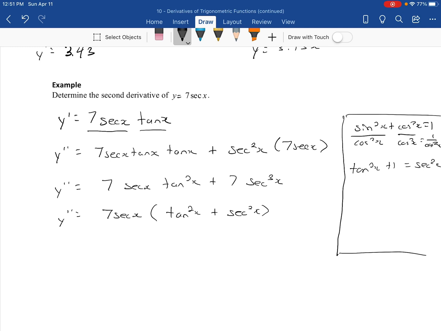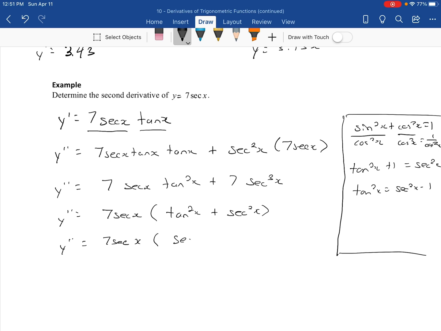That's another identity, and it's not some crazy identity that comes from somewhere. It's just taking the Pythagorean identity and dividing it by cos squared. From that I can get tan squared equals secant squared x minus 1. That's pretty handy because I can get this double derivative back to all secants if I wanted.